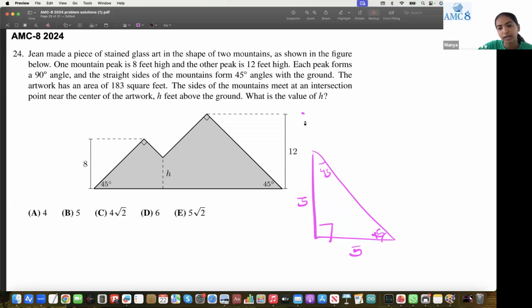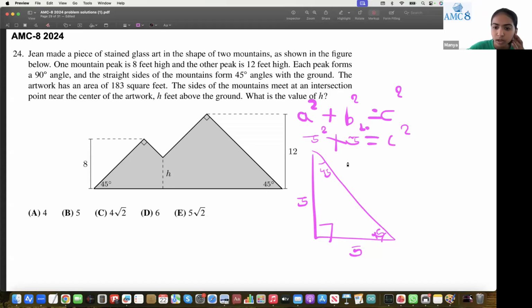Here, let me just do this right here. a squared plus b squared is equal to c squared. And then we'll be getting 50 is equal to c squared.